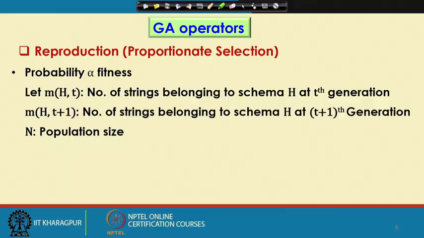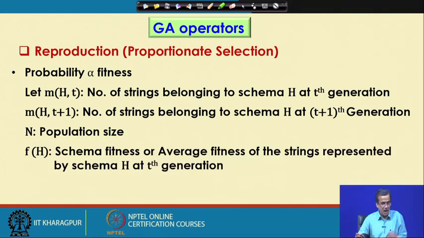So, n is the population size, and now I am going to define another term, that is called f(H). So, f(H) is nothing but the schema fitness or average fitness of the strings. Suppose 5 strings are going to follow a particular template, say schema H. Now, I can find out the fitness values of all the 5 strings which follow that schema, add their fitness values and divide by 5.